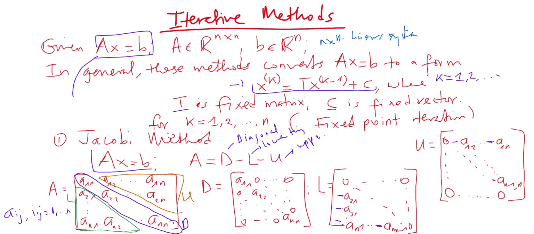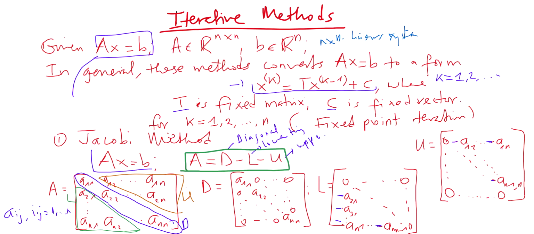This is because we have decomposed our matrix A as A equal to D minus L minus U. So we add these negative terms to make this matrix decomposition appropriate.